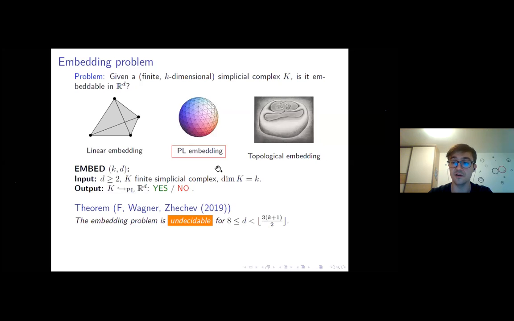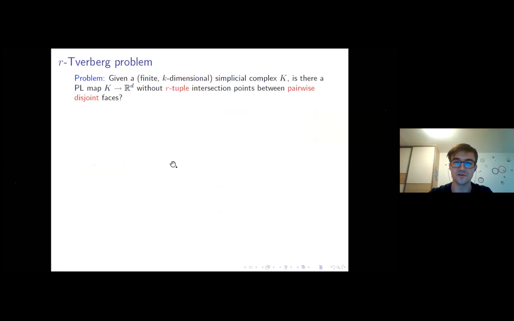Now regarding the r-Tverberg problem, which is maybe not as obvious or easy to understand, it's a more general version of this embedding problem. So we are once again asking for a PL map from our simplicial complex to the Euclidean space. But now I want the map not to have r-tuple intersection points between pairwise disjoint faces.